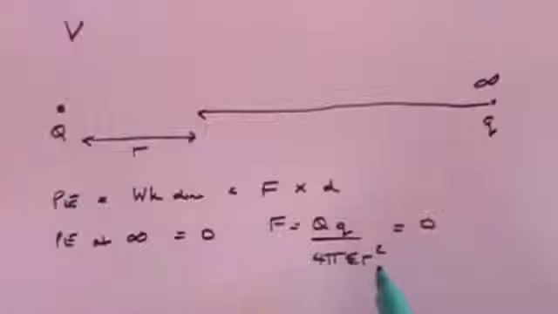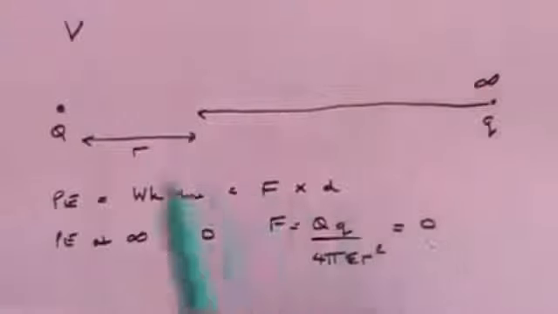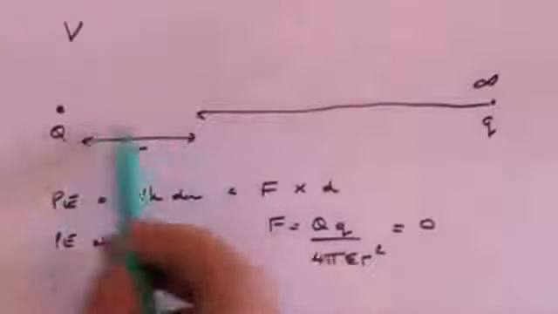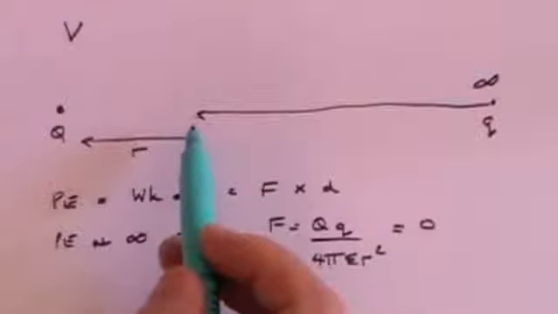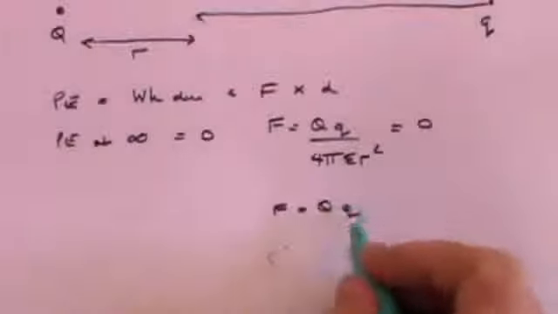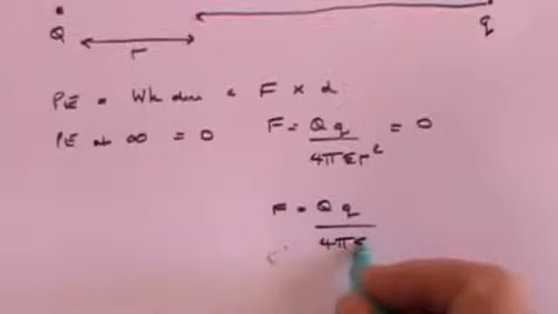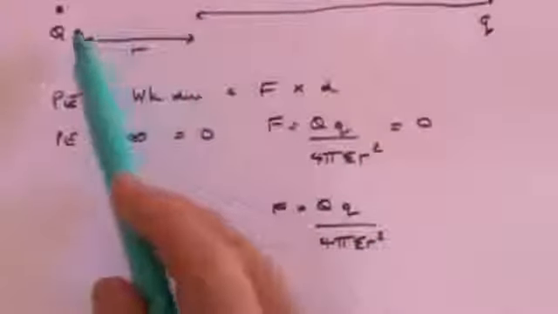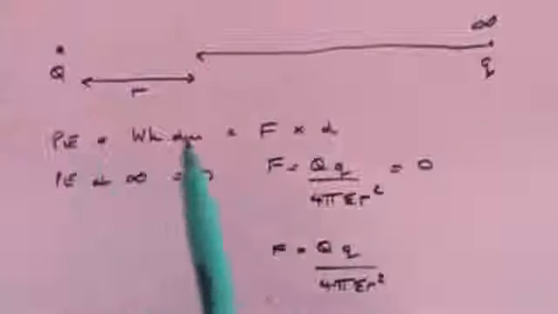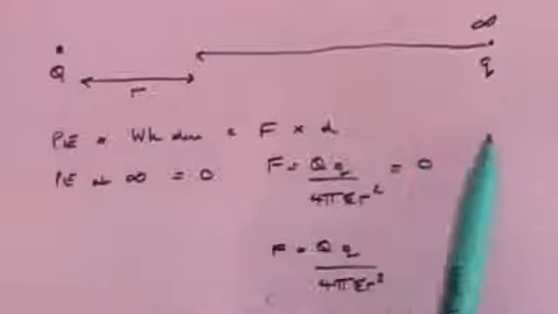So there's no force. What is the force when you get to the point where q is separated from little q by a distance r? That force will once again be equal to Qq over 4 pi epsilon r squared, where r now is just this distance here, and the potential energy is going to be the work done, which is the force times the distance.